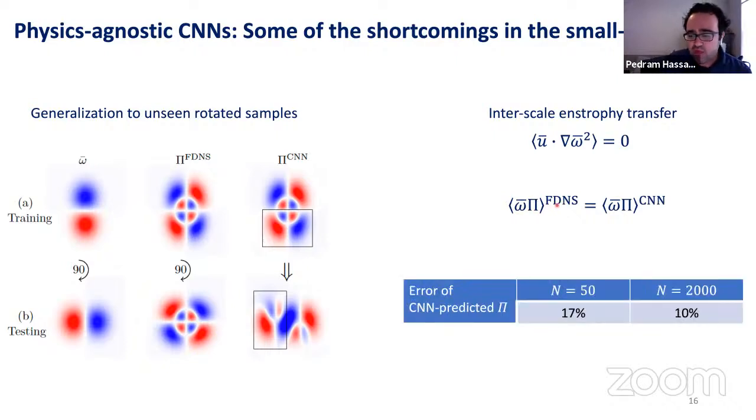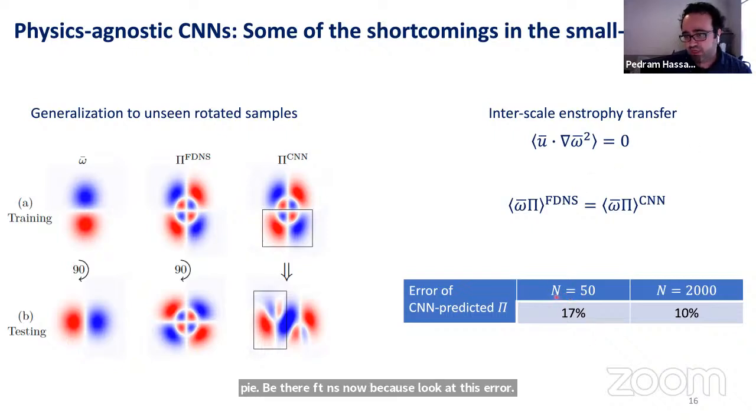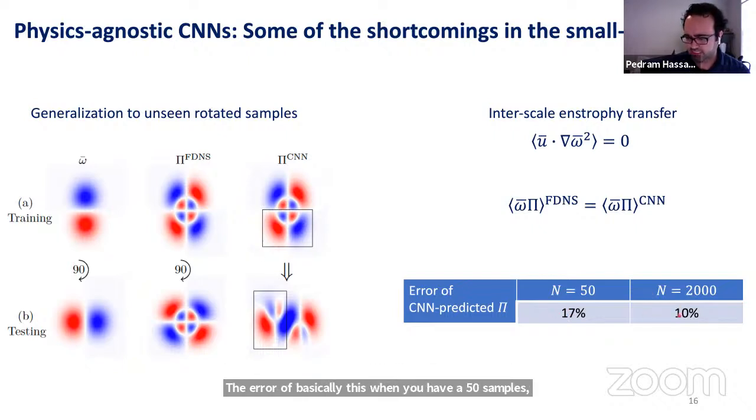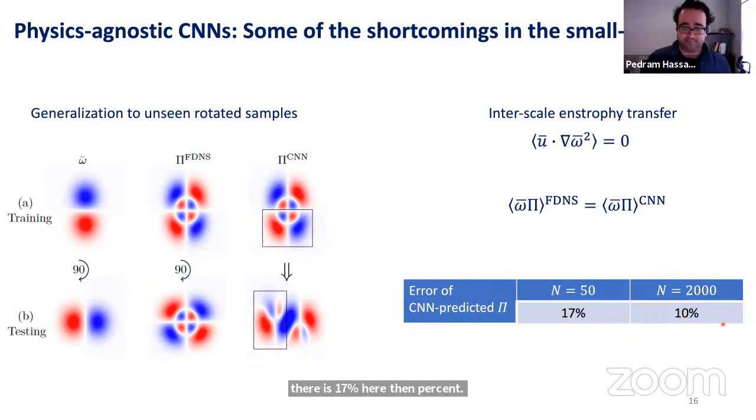Now, we can look at this error when you have 50 training samples versus 2000. And you see that here the error is 17%, here 10%. The 7% difference might seem small, but it makes a difference in terms of the stability in the online testing. I'm not showing those results, but this one blows up and this one is stable.